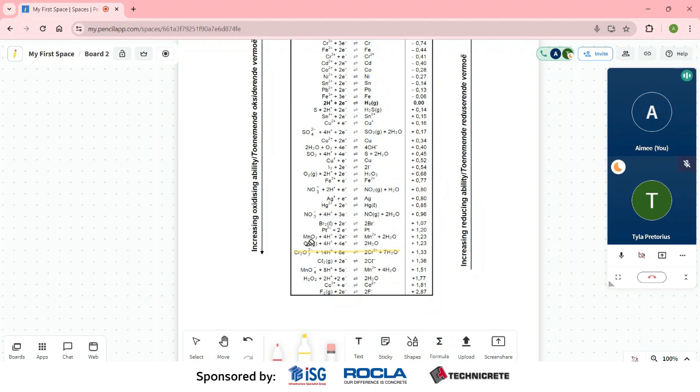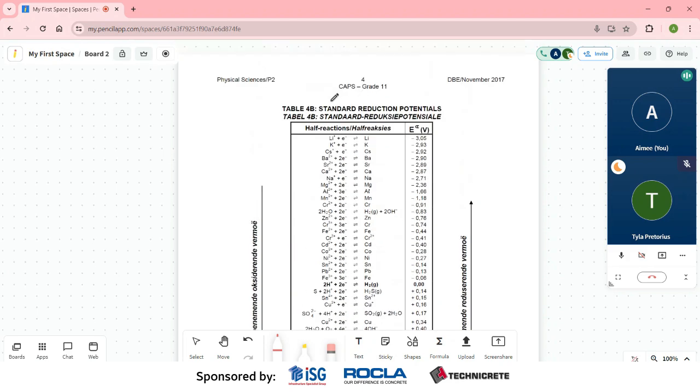So you write Cr2O7 2 minus plus 14 H positive ions plus 6 electrons gives us 2 Cr3 positive plus 7 H2O. So this is your answer to question 9.5. You just get it directly from your standard reduction potentials table.